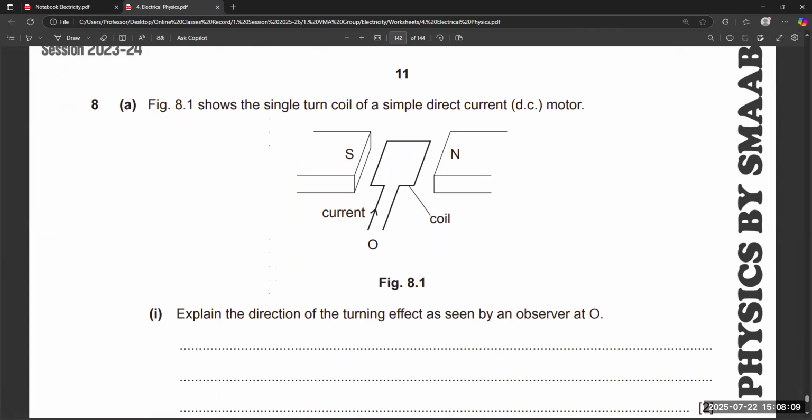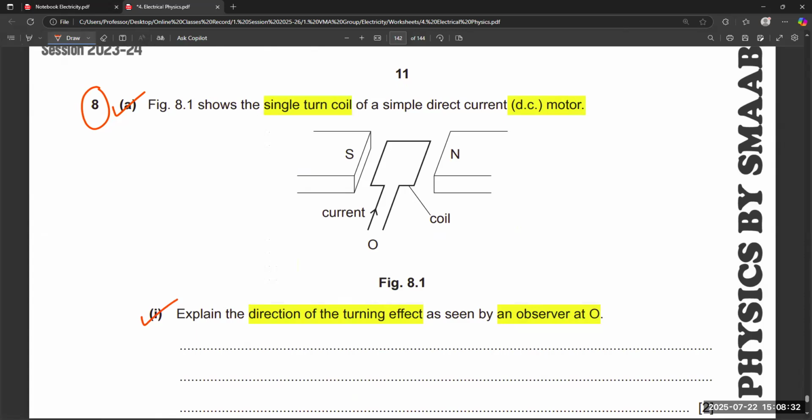Okay, so from 2023, we have the first question related to DC motor. It shows a single turn coil of a simple DC motor. Explain the direction of the turning effect as seen by an observer at O.